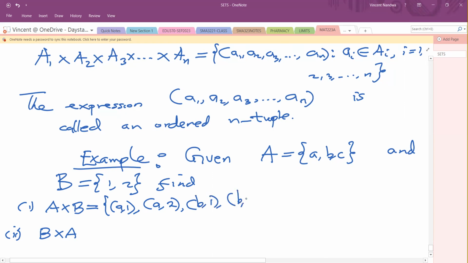Then same b, pair with 2. Then c, you pair with 1. And lastly, c, you pair with 2. So that will be the complete set. That A cross B means that you are going to get elements which are in form of pairs, such that the first number in each pair comes from set A, and the second number in each pair comes from set B.